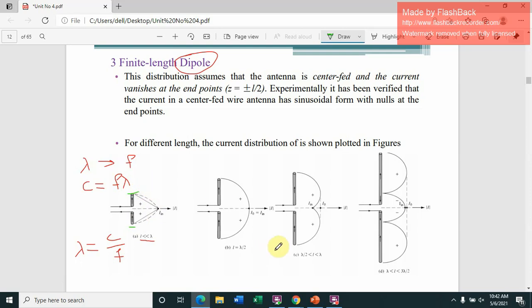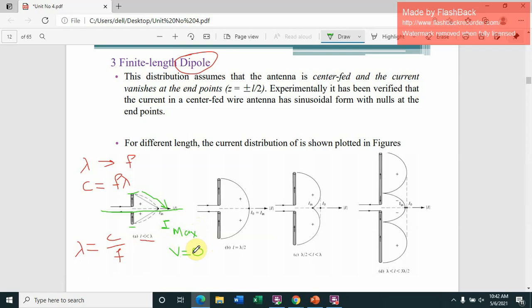As time goes on, the voltage decreases and the current increases. At the center axis the current is maximum, the value of I is maximum, and the voltage is equal to zero.